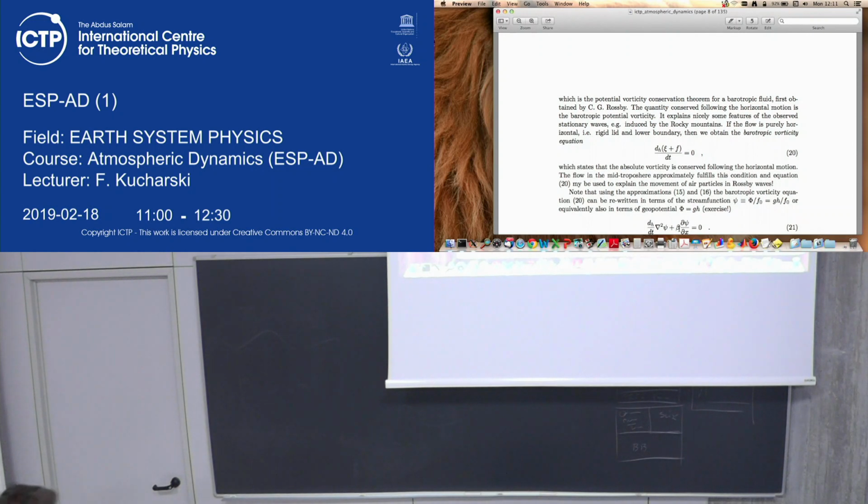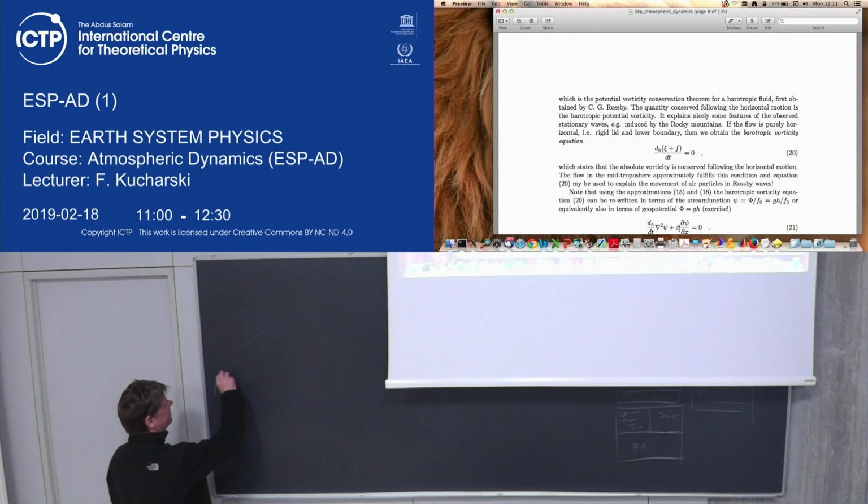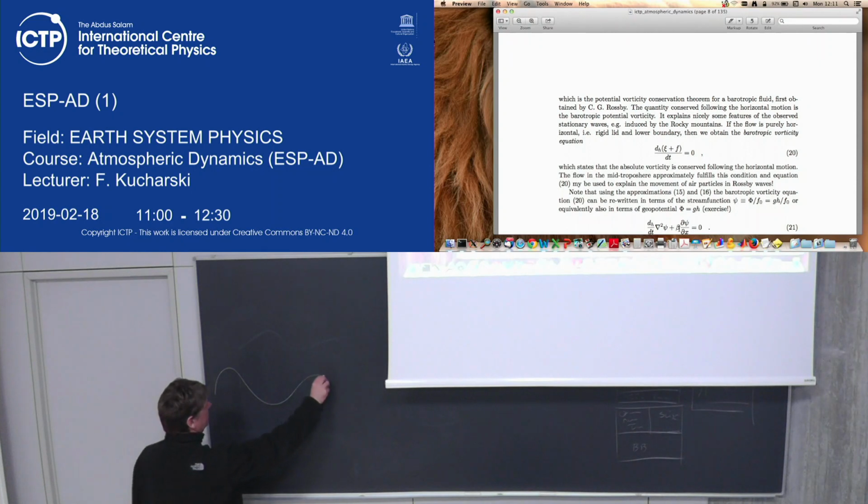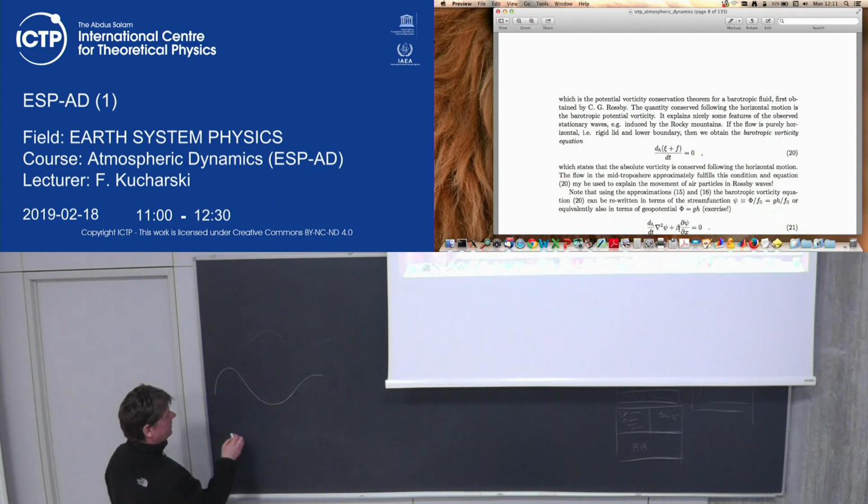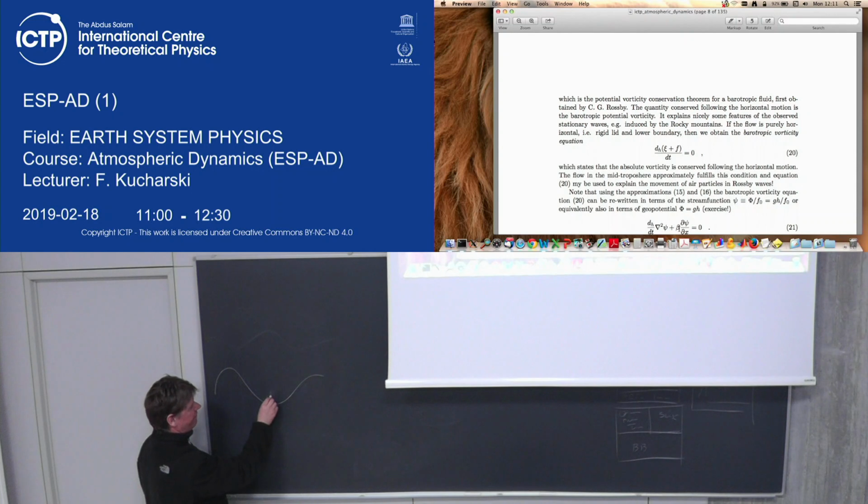But if you assume that we have a line of constant pressure, let's say, or height of our system, and maybe here we are in a trough and here we are in a ridge region. So let's say the air is flowing out of this trough. The vorticity here is positive. It's rotating cyclonically. We go to the north.